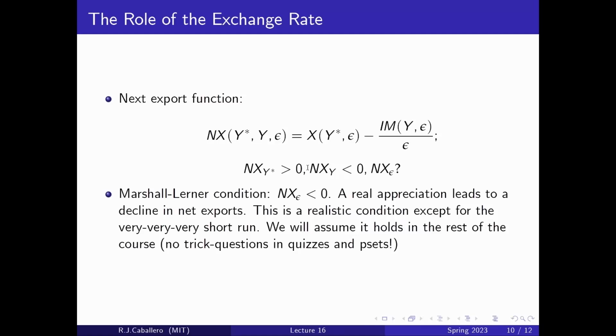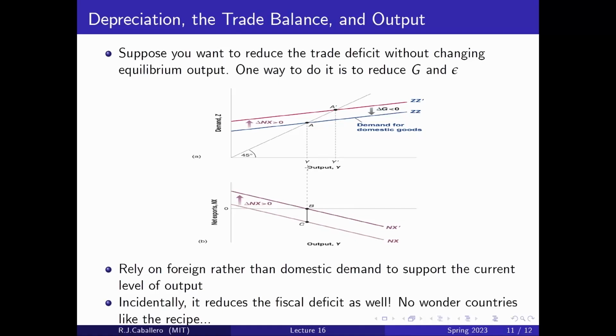Good. So now let's see what happens then when the exchange rate moves. Suppose that you are in a situation where you want to reduce the trade deficit. The experiment I have here has two components, but let's talk about the first one.